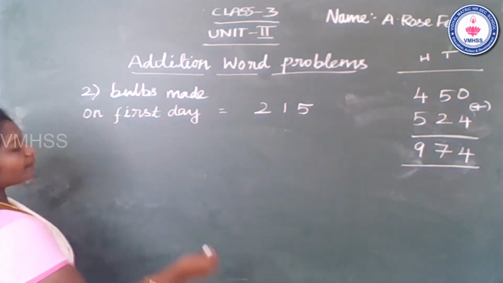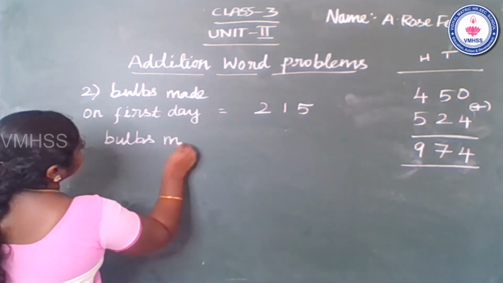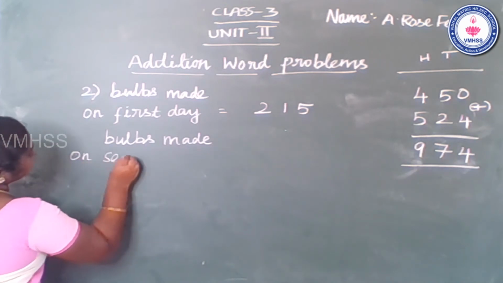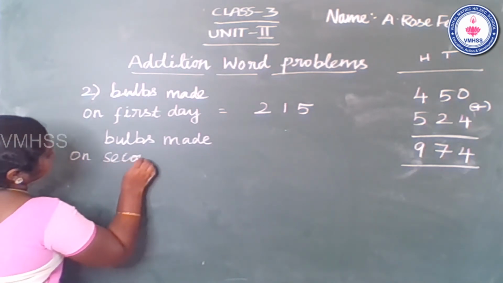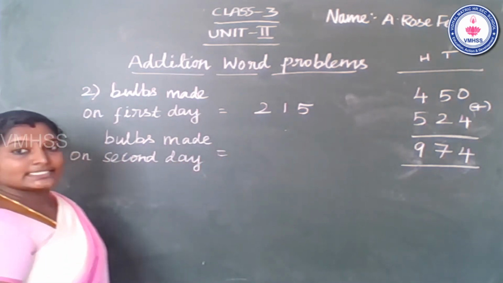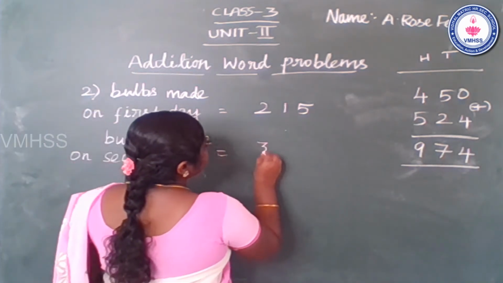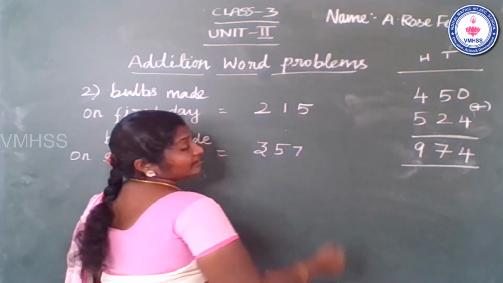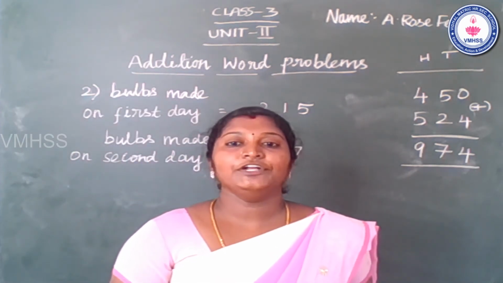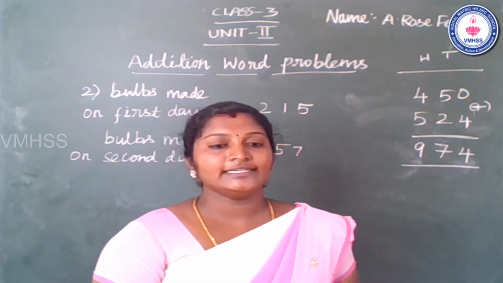Okay. So bulbs made on second day. So what is the second day bulbs made on second day? 357. So what is the question? Very good. How many bulbs did the factory make altogether?